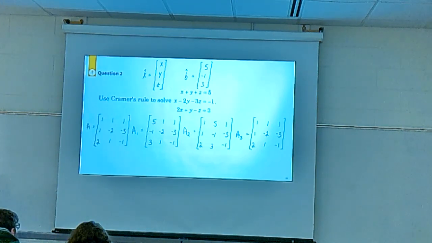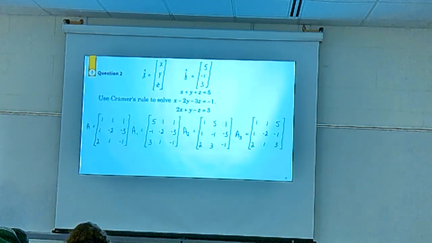How would you find A3? Those are the 4 matrices you need. Calculate the determinants.